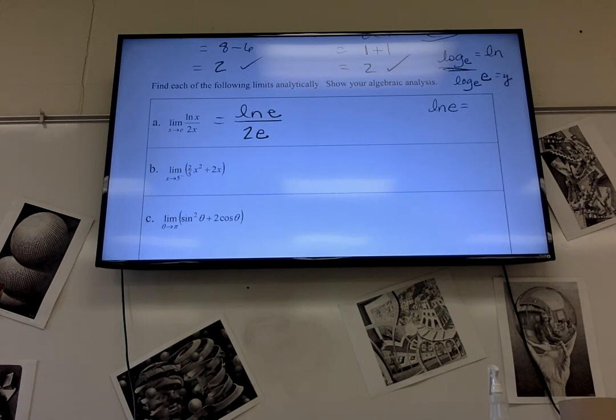If you did the circle method here, you'd have e to the y equals e. So there's a little 1 here, an understood 1. So the natural log of e is just 1. That's how we get that, but from now on, you can just know that. And then there is your answer: 1 over 2e.